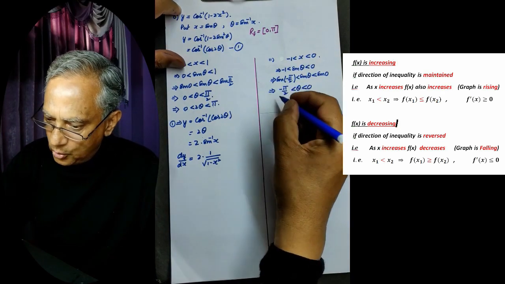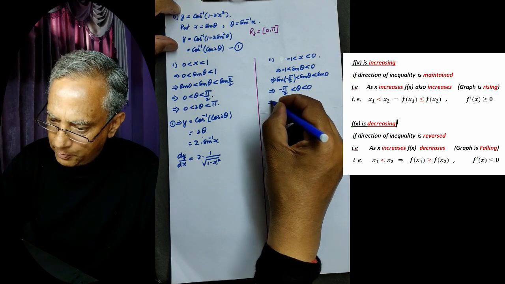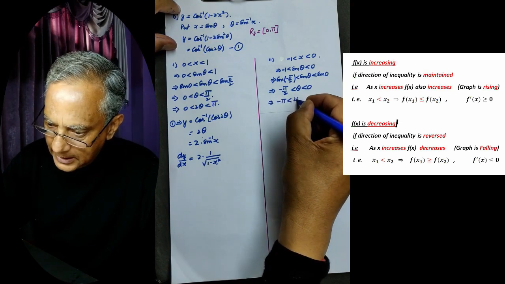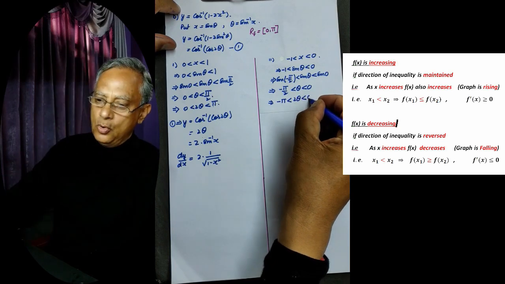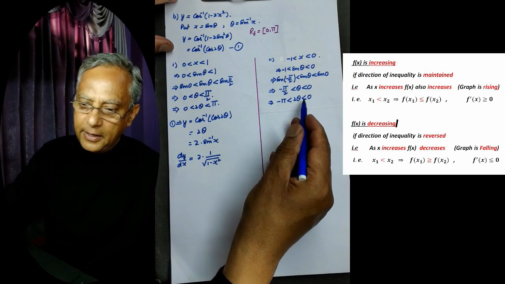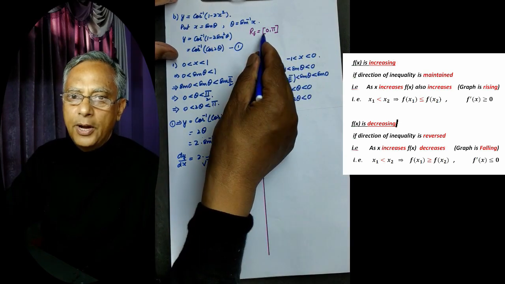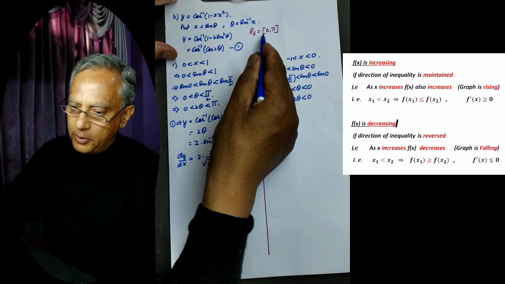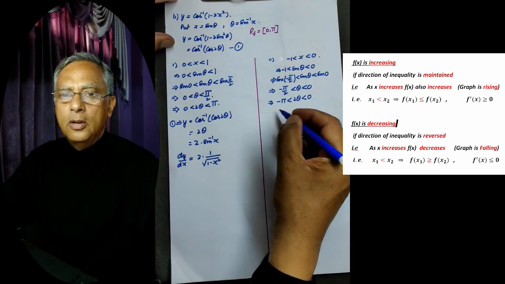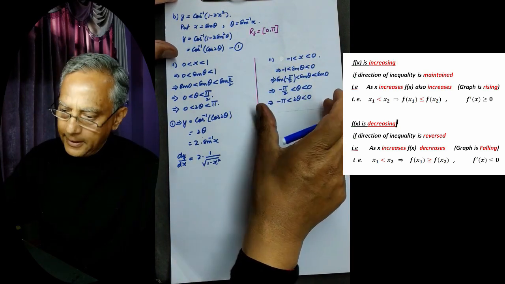Multiply by 2. This implies minus pi is less than 2 theta is less than 0. Now this does not belong to the range of this function. So we need to do some simplification here.